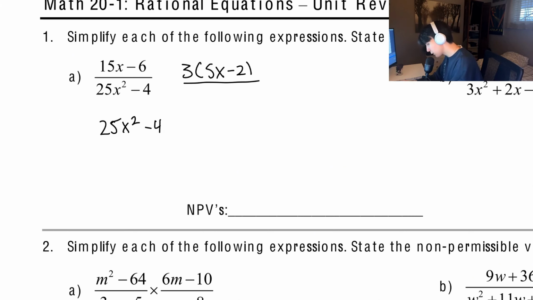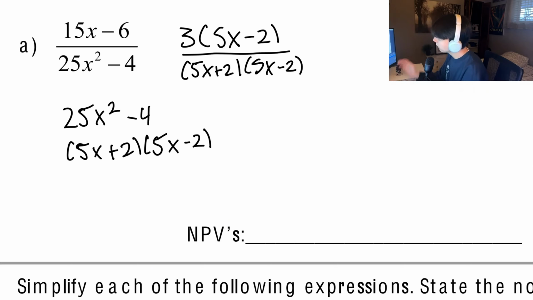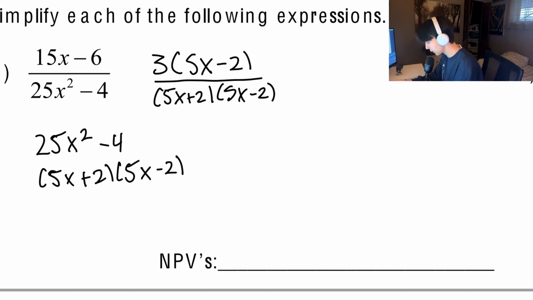Difference of squares is going to be 5x plus 2 and 5x minus 2, because the square root of 25 is 5, the square root of x squared is x, and the square root of 4 is 2. So we get 5x plus 2 and 5x minus 2 as our factored denominator.